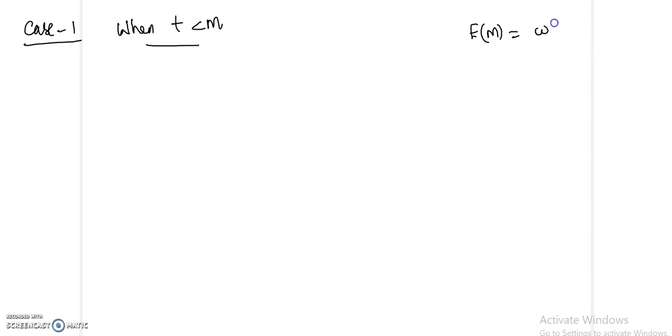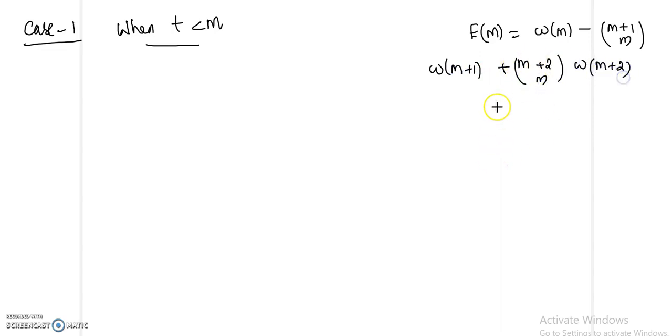That is omega of m minus m plus 1 choose m omega of m plus 1 plus m plus 2 choose m omega of m plus 2 minus etc. The last term is minus 1 raised to q minus m, q choose m, omega of q. So we need to check whether this is satisfied or not.